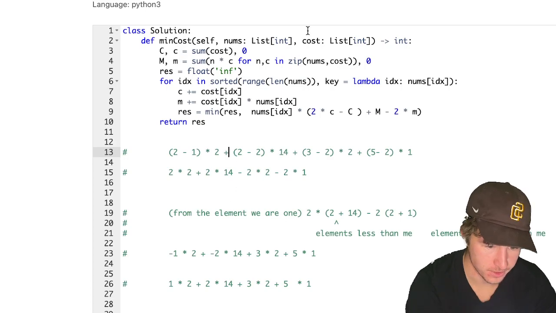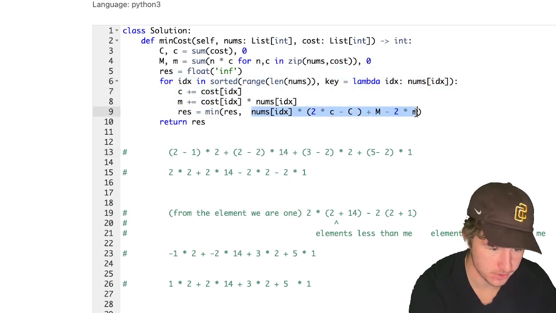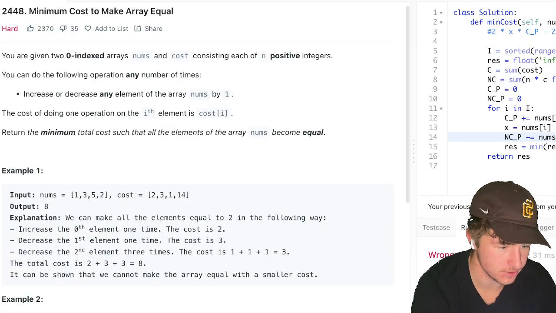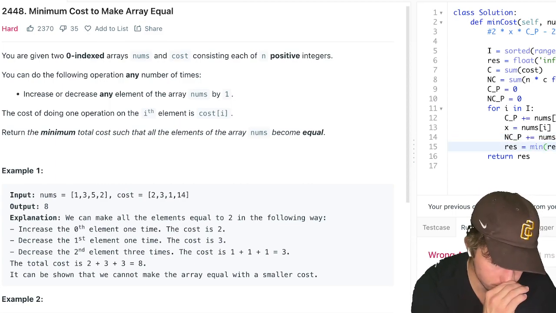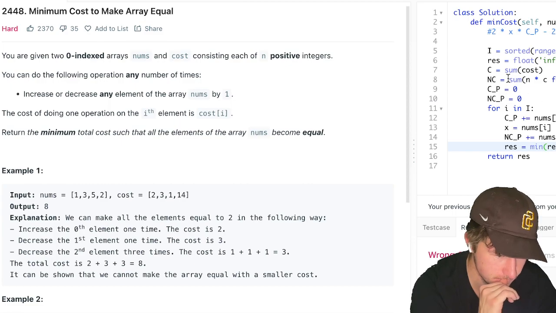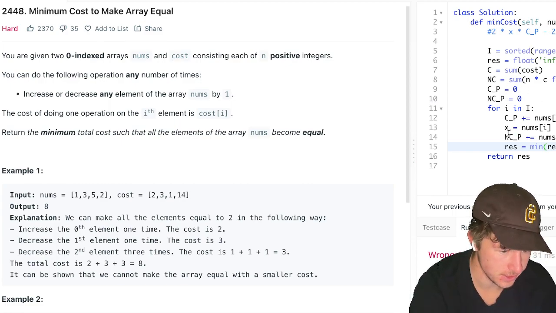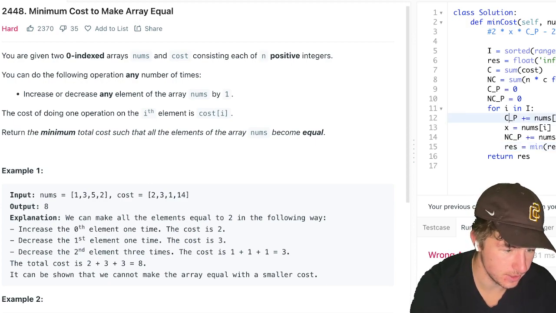All right, the one that works. Let's just copy in the one that works and see if these things are the same. I just don't understand where my math has gone wrong. So this little c is c prime. This big C is C. This M is NC, and this M is NC prime.